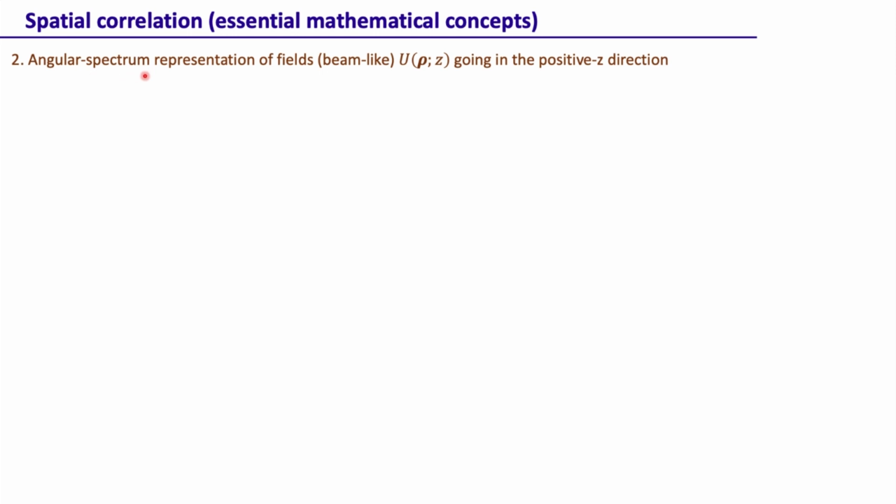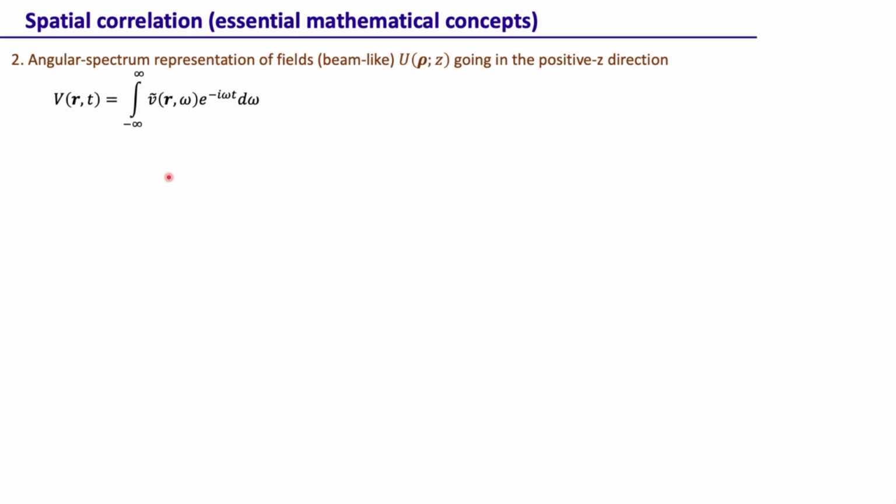So at the outset, let me say that coherence theory is usually interested in the general field, but here we are concentrating mostly on fields that are beam like and going in the positive z direction. As we go on in this lecture, it will be clear what is beam like, what it means to go in the positive z direction, and so on.